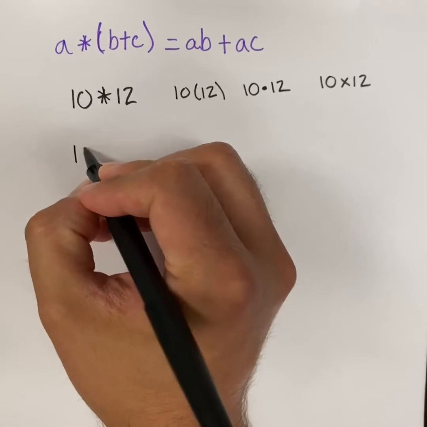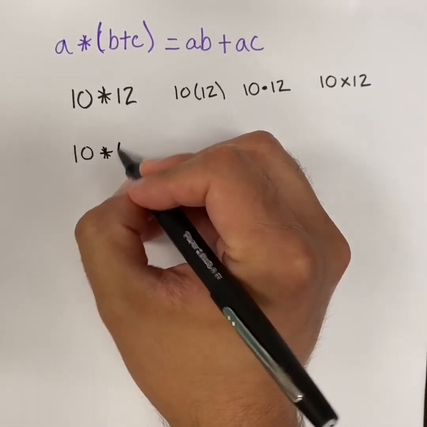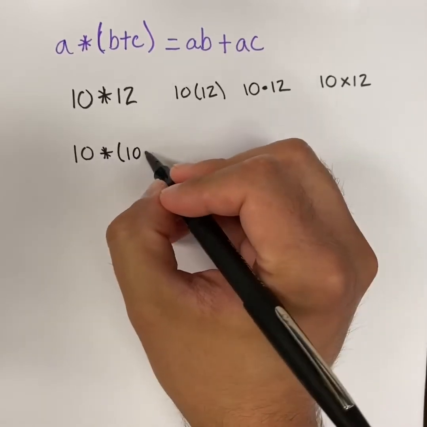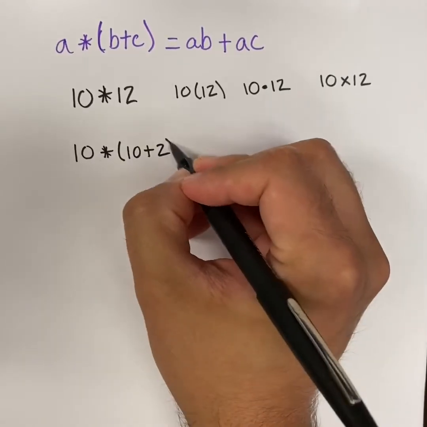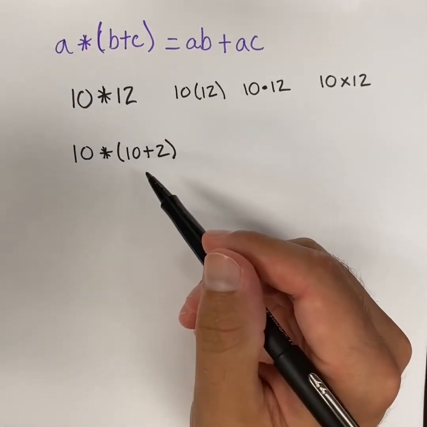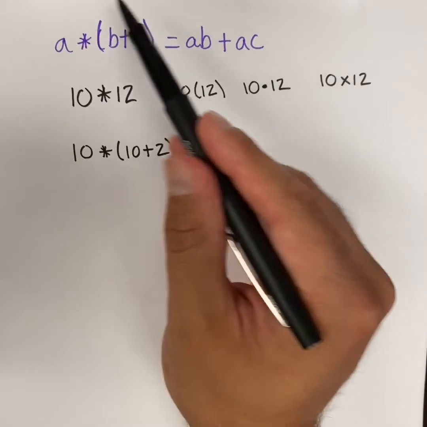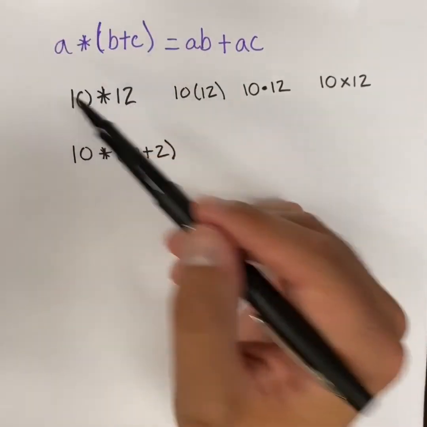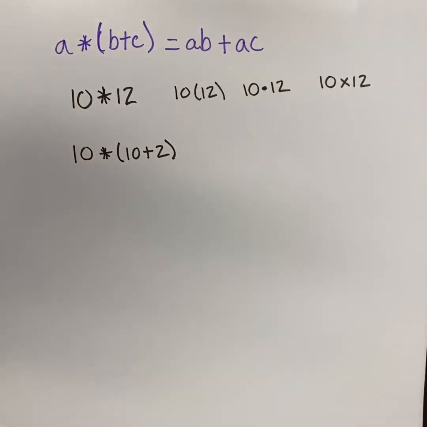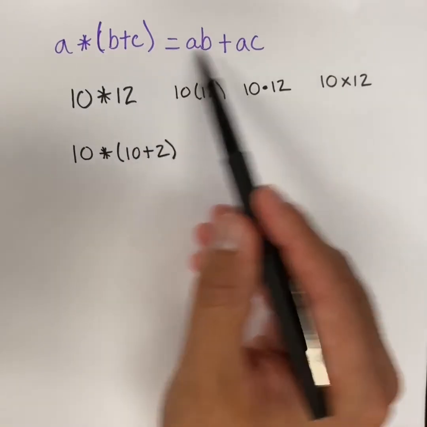So this is actually 10 times 10 plus 2. And this is using our math sense. This is something that we could break our problem down into. And look at this, this looks exactly like what we talked about with our distributive property of addition. We have now written the first part of our equation.